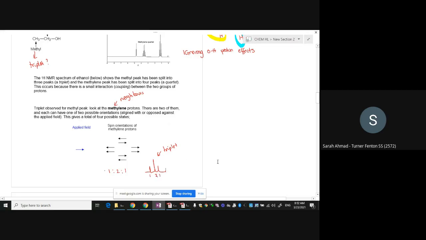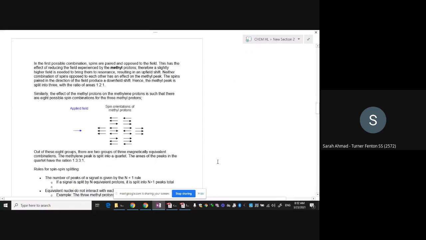Now if we look at the quartet, we're looking at the methylene hydrogens. Well, they're getting influenced by 3 methyl proton environments. So the 3 can either go against or line up, and then you've got all these different probabilities.